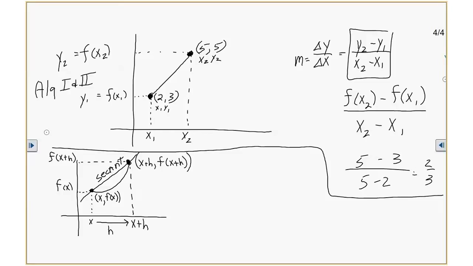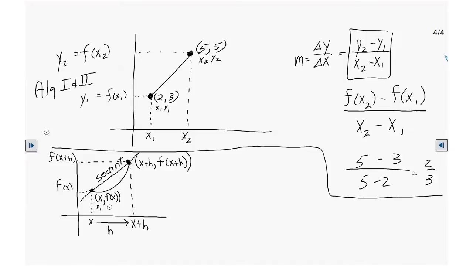The reason I do this is because a lot of people forget what they're actually doing: using algebra to find slope, just like you learned back in pre-algebra or algebra. This is your x of 1. This is your y of 1. This is your x of 2. This is your y of 2.